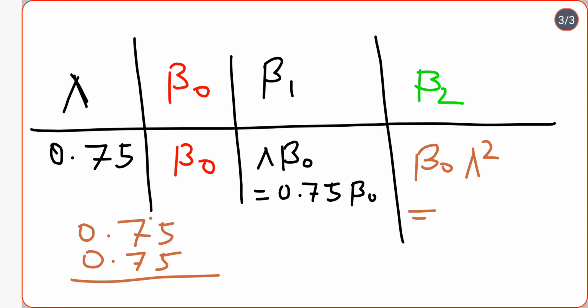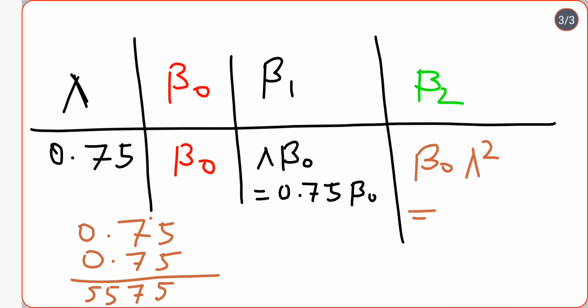So 75 into 5 is 375, and 75 into 7 is 525, and we have 32 in our hand, so we will basically have 557.